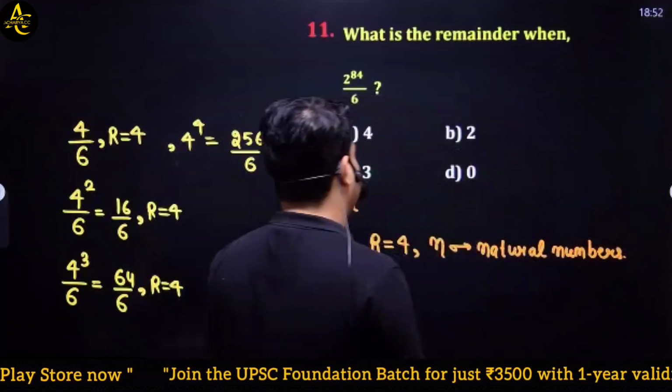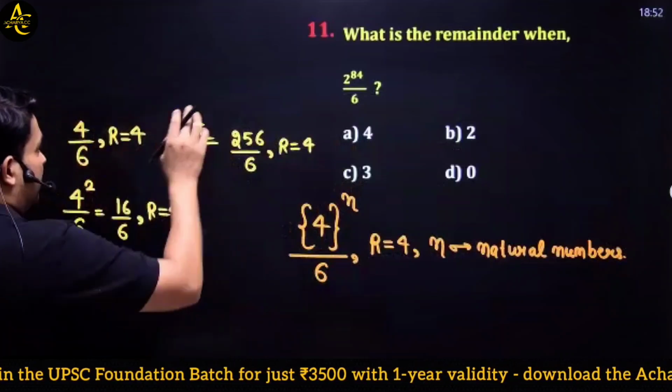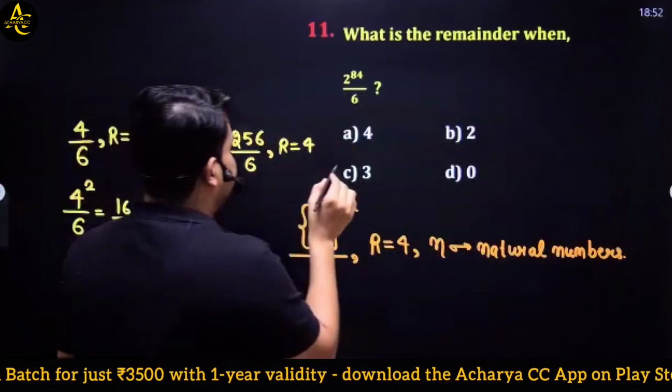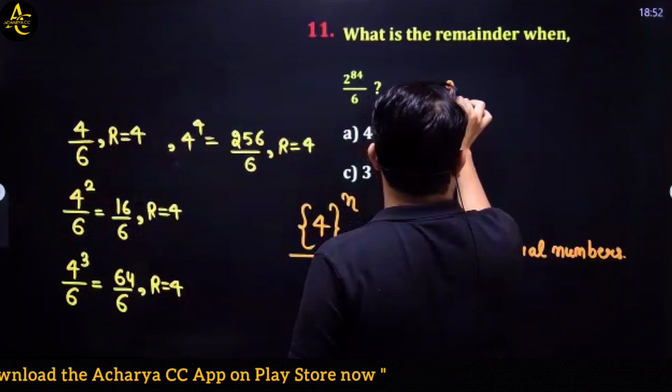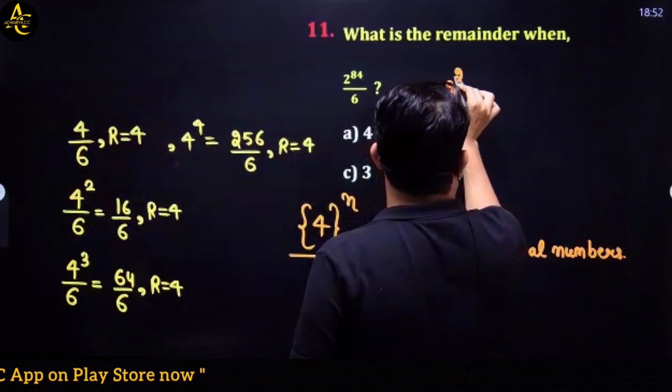What does this question say? It's 2 to the power 84. I can write it as 2 to the power 2.